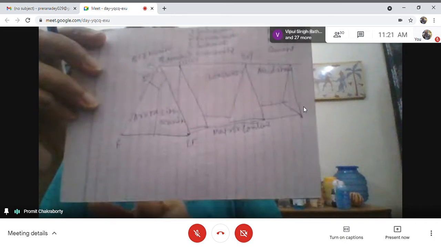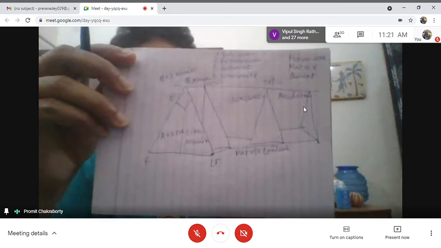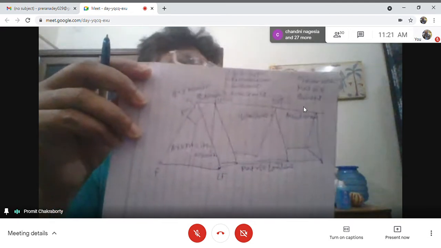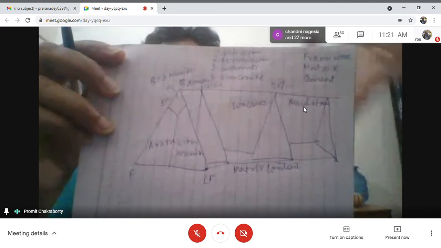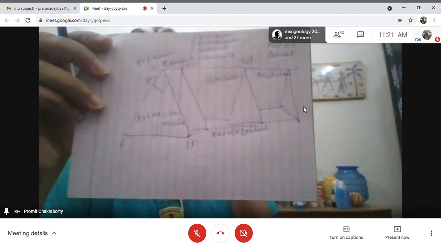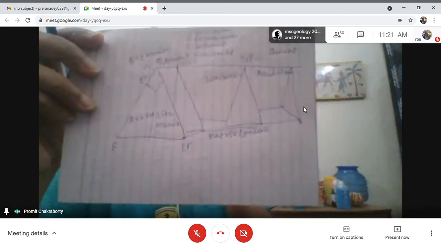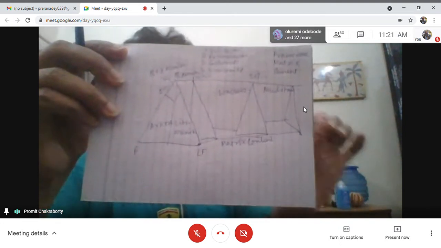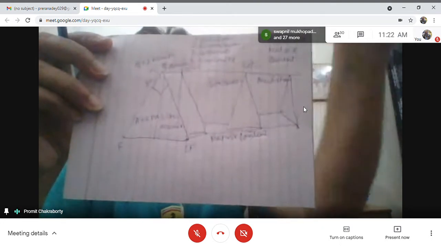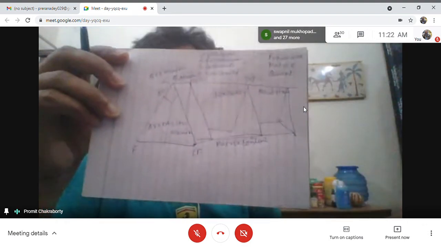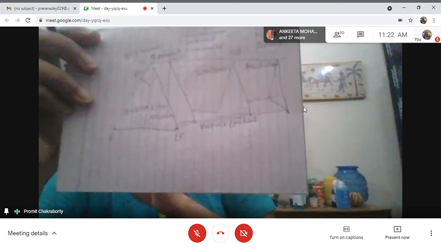That is textural maturity. The lesser the matrix content, the higher the textural maturity. So on the basis of both, quartz arenite is the most mature sediment, both mineralogically and texturally.